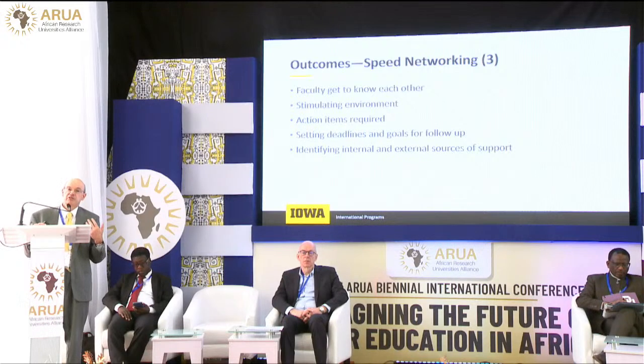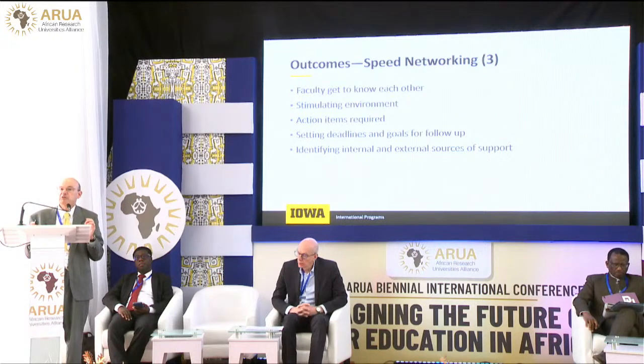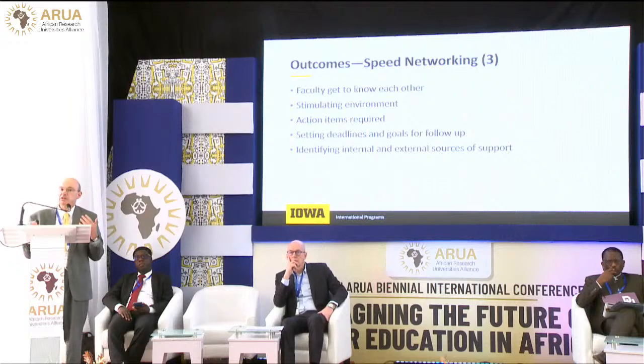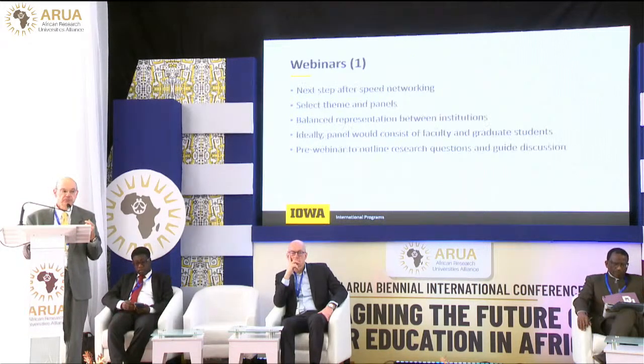My office can certainly help with that. In many cases, our partners in Sub-Saharan Africa or the Middle East or wherever it may be can also do that. And then the goal is to obtain outside funding as well so that we can build larger and more sustainable projects. So the next step after the speed networking is webinars.